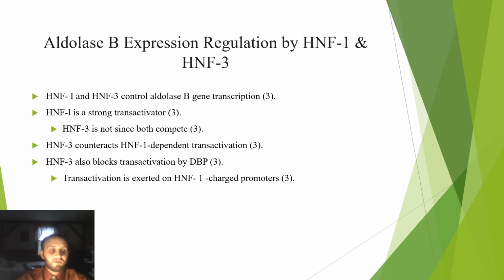So HNF3 counteracts HNF1-dependent transactivation. An interesting fact about HNF3 is that it also blocks DBP's transactivation ability, which signifies that the transactivation can only be exerted on an HNF1-charged promoter and not on an HNF3-charged promoter. Since the binding sites for DBP and HNF3 are different, HNF3 is a non-competitive inhibitor of DBP-dependent transactivation.